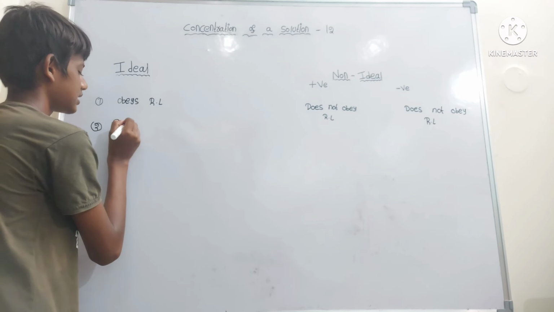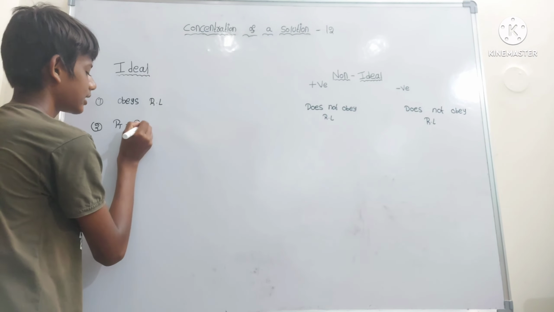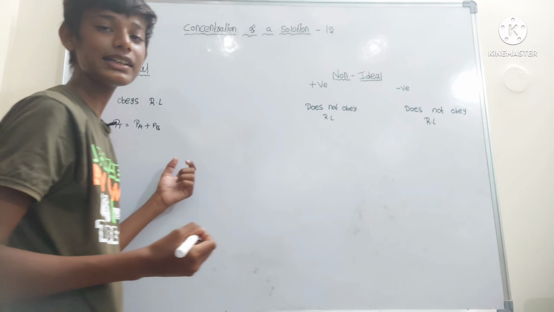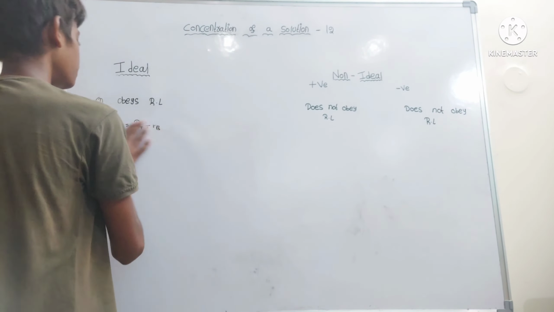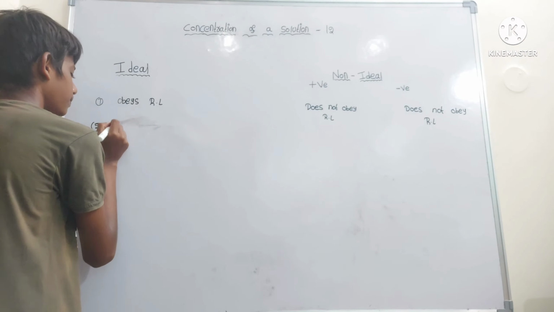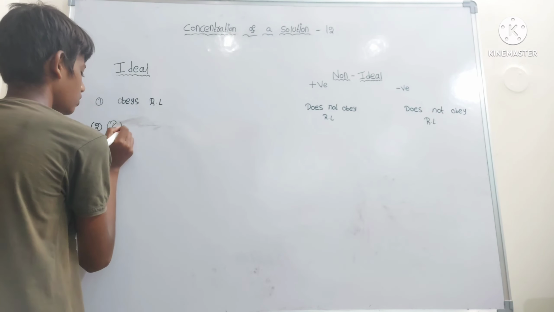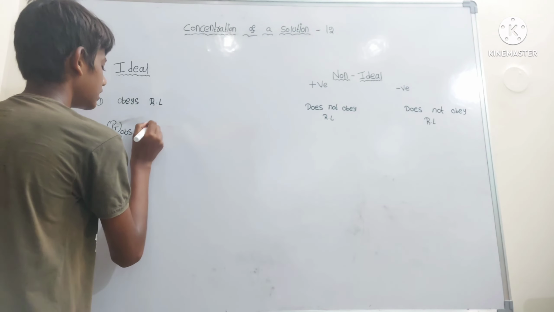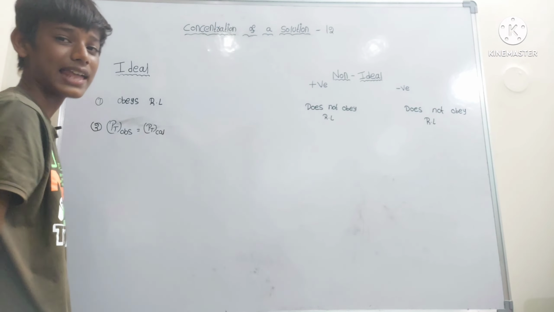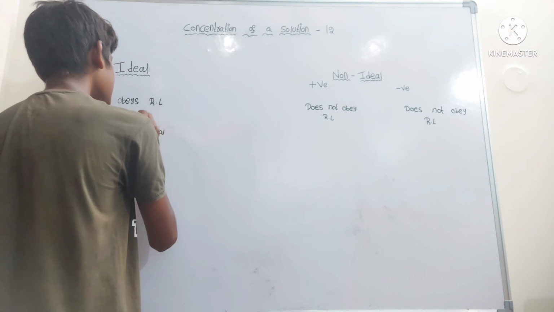In the second point, total pressure is equal to total calculated pressure, that is PA plus PB. I will write it as PT observed is equal to PT calculated pressure. What is calculated pressure? PA plus PB.